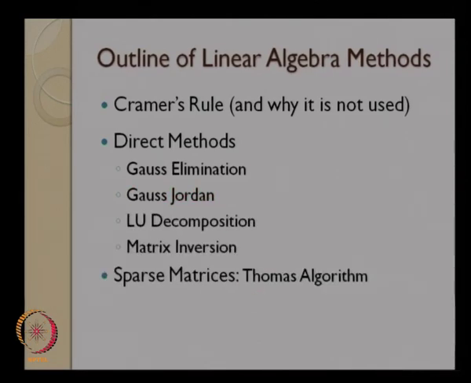We then also talked about the LU decomposition method. The first part of LU decomposition is exactly the same as Gauss elimination. We use Gauss elimination to get the upper triangular matrix, and all the coefficients that are used in each pivot row are going to form the lower triangular matrix in the LU decomposition method.